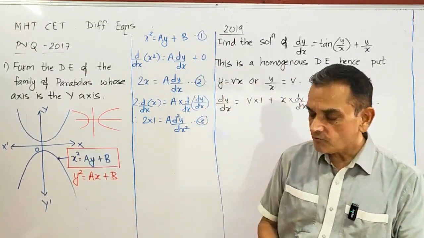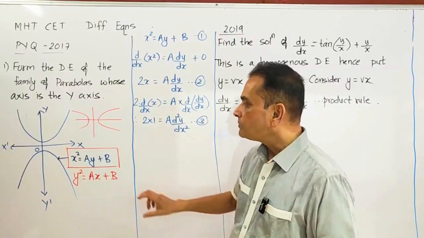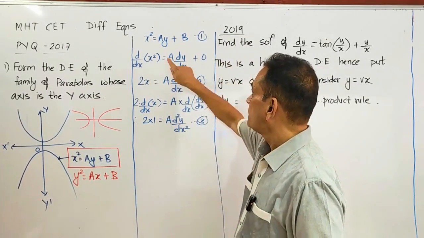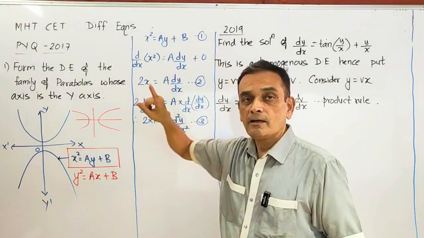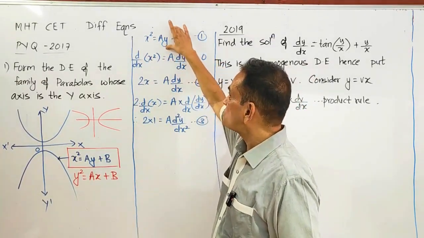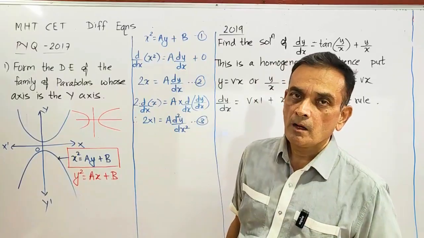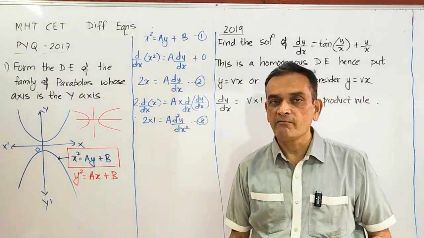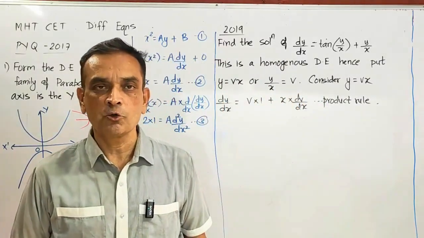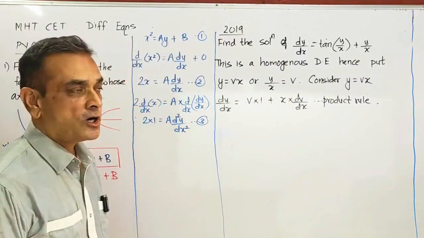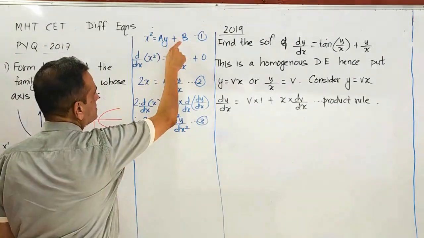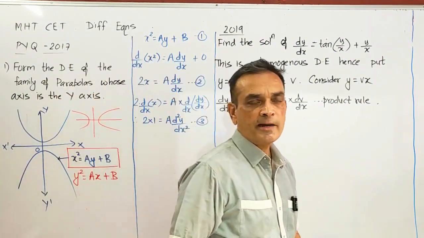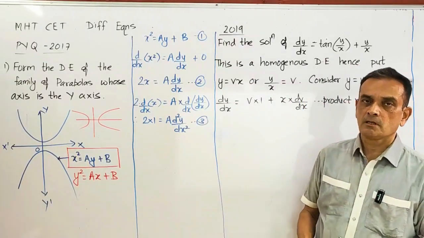So as I told you, first you have to form the equation of the given curve, write it, and then form a differential equation from this equation. How do you form a differential equation? By using derivatives. Differentiate with respect to x. Because there are two arbitrary constants a and b, you have to differentiate with respect to x two times.